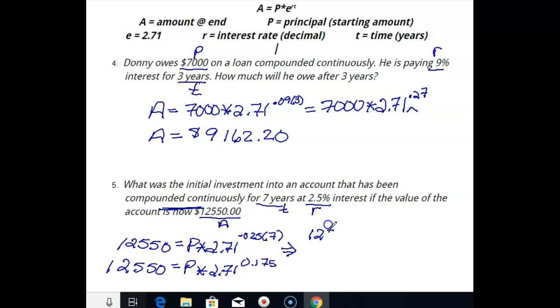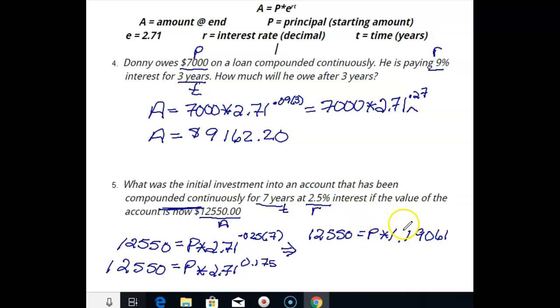So $12,550 equals P times, I'm going to carry this answer out to quite a few decimals, actually. So I'm going to get 1.19, I believe I carried it out to 4 or 5 decimals, 0.61. Again, I want to be as accurate as I can when I do this, just in case it makes sense to round my P to a nice, beautiful number like we did before.